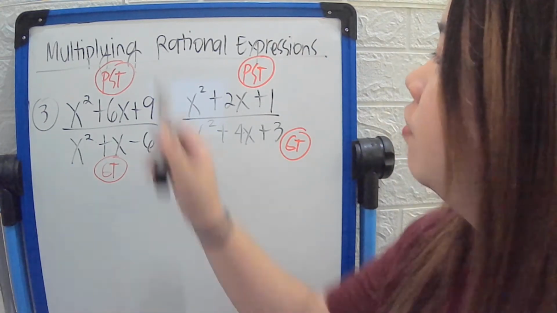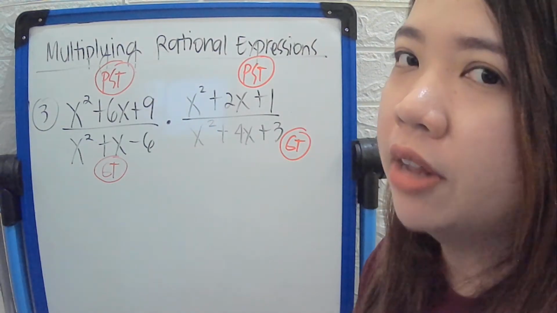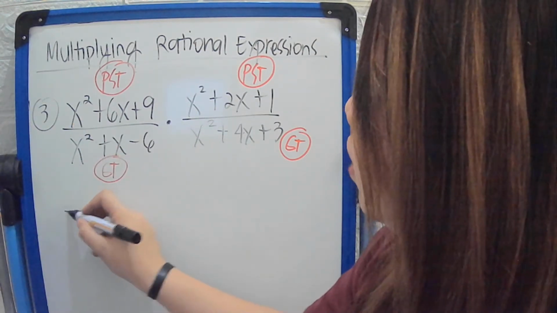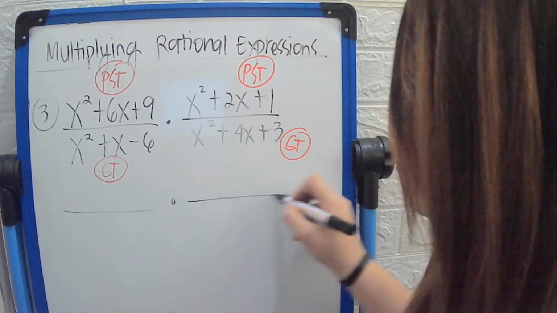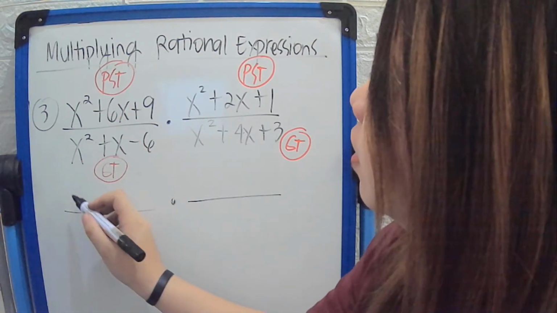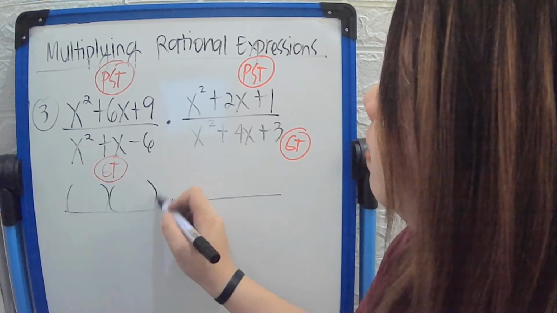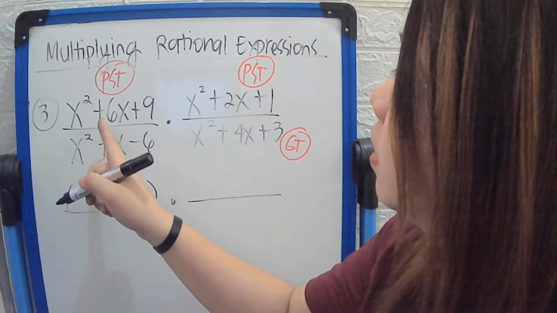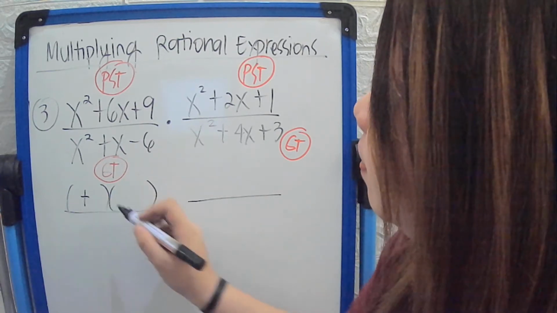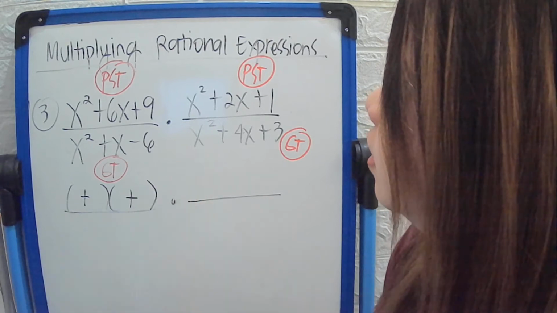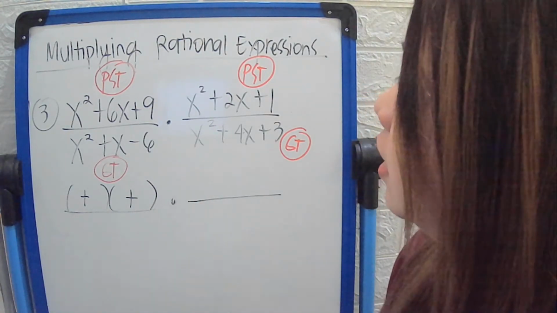So since we have the factoring methods, let us now factor them out. Applying PST in the first numerator, the factors must be twins. Since the sign of the middle term is plus, you put plus on both pairs of parentheses.